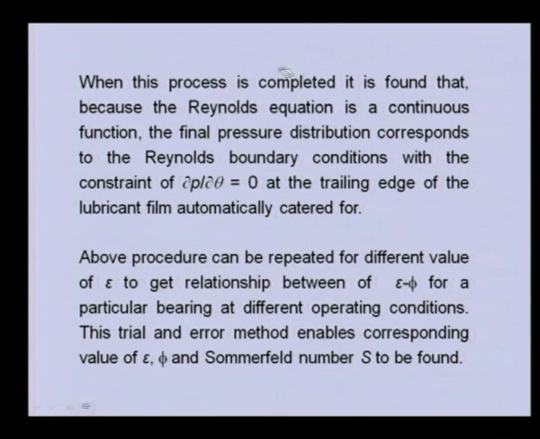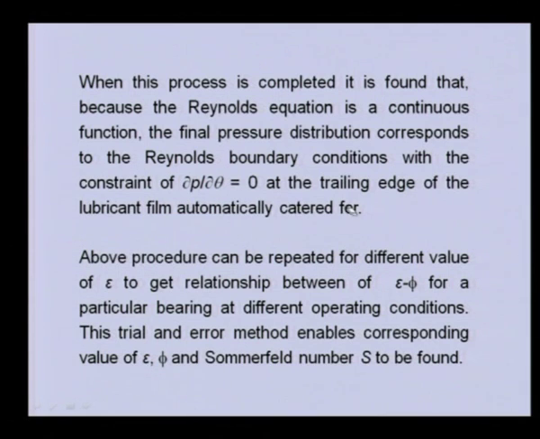When this process is completed, it is found that, because the Reynolds equation is a continuous function, the final pressure distribution corresponds to the Reynolds boundary condition with the constraint that the gradient is equal to 0, which we described earlier, at the trailing edge of the lubricant film automatically.